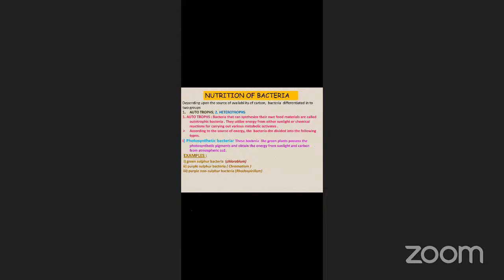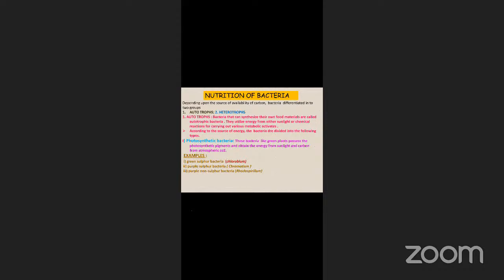Chlorophyll A, B, C, D, E: five types of chlorophyll. And xanthophylls, how many types of xanthophylls? A very basic question.